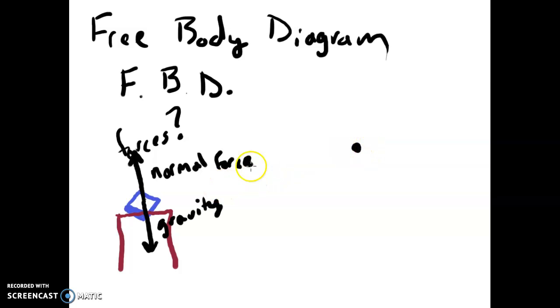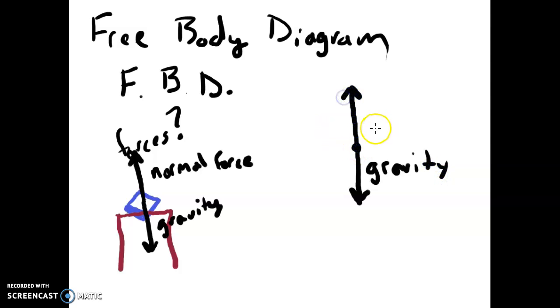In this case, my dot is representing the book. And then all we have to do is draw the forces as arrows. So the force downwards is gravity. And in this case, I've got normal force going up. Okay, so this is an example of a free body diagram. Let's try another one.